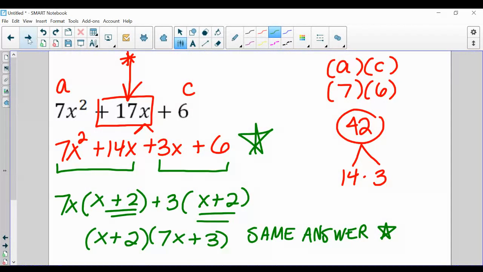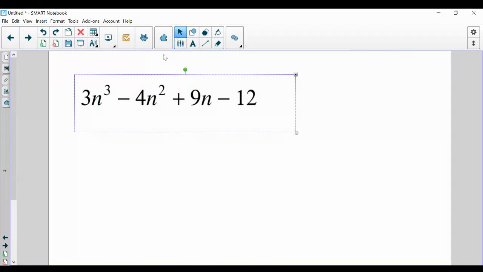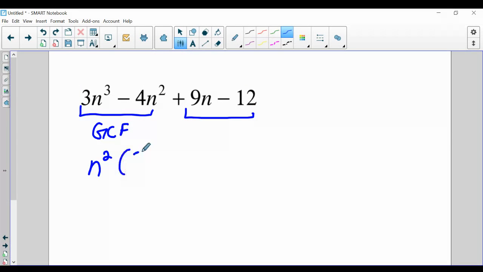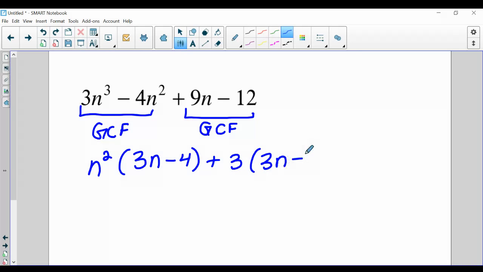I'm going to practice 2 more problems that involve factor by grouping. We'll group the first 2 terms together and the second 2. Our GCF here is n squared, and we're left with 3n minus 4. The GCF between these 2 terms is a positive 3, and we're left with 3n minus 4.